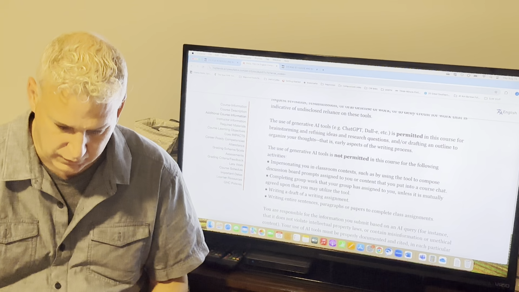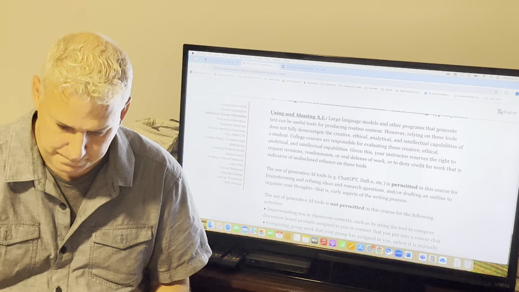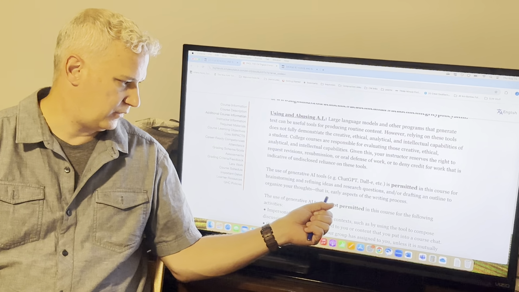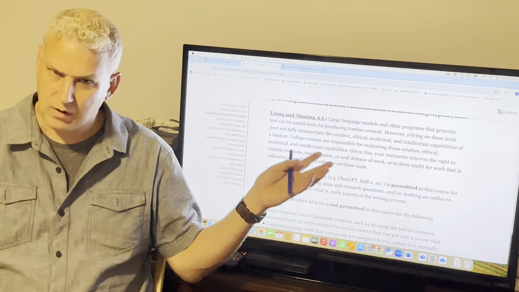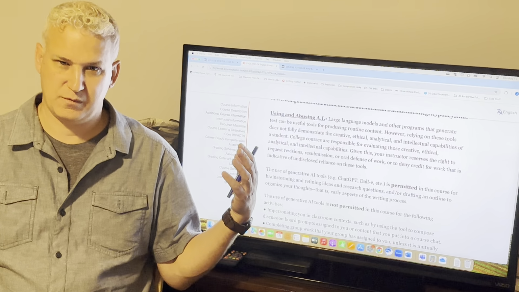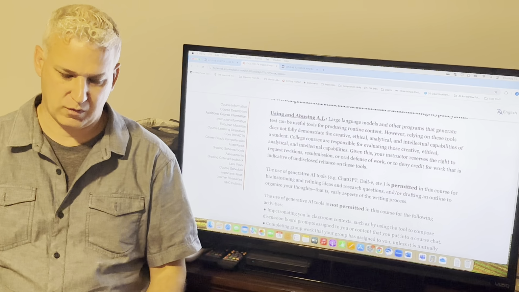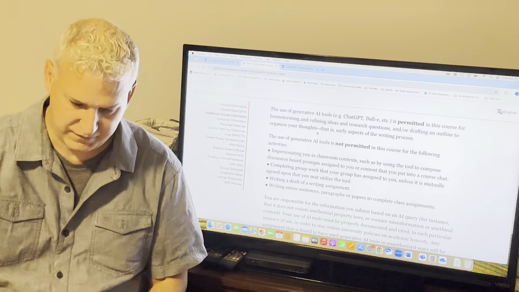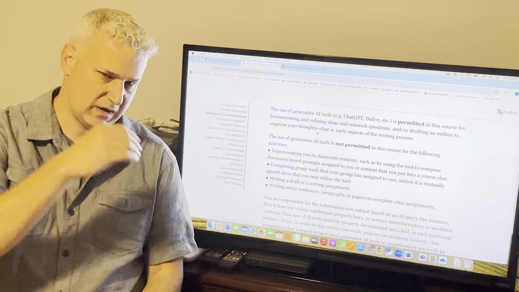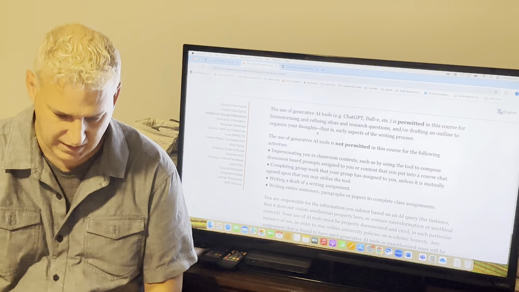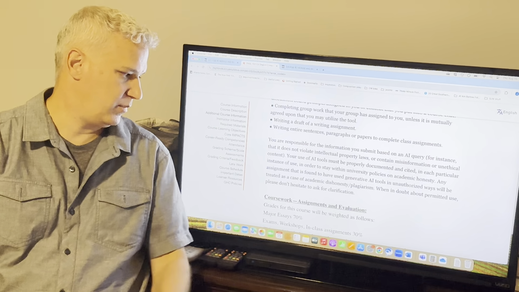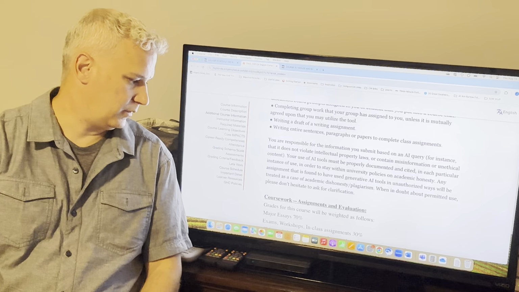So if you're using it for brainstorming and refining ideas and research questions, drafting an outline, rough drafts, rough versions, to some extent, yes, that's acceptable. But when you get to the finished final version of your paper that you're going to turn into me, there shouldn't be any trace or evidence of AI left in that. And use of AI tools must be properly documented and cited in each particular use.